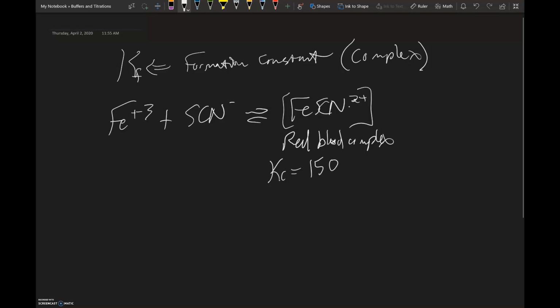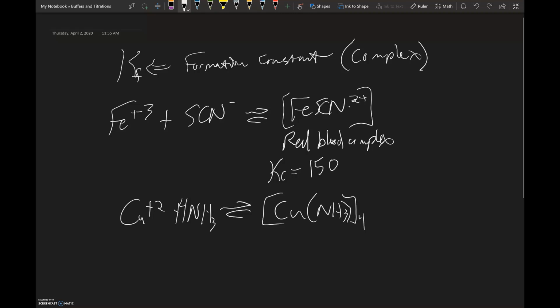Another example would be copper 2+ plus ammonia. When you put ammonia into solution with a copper ion, these react to form a complex. This complex has a formation constant of 1.1 times 10 to the 13th power.